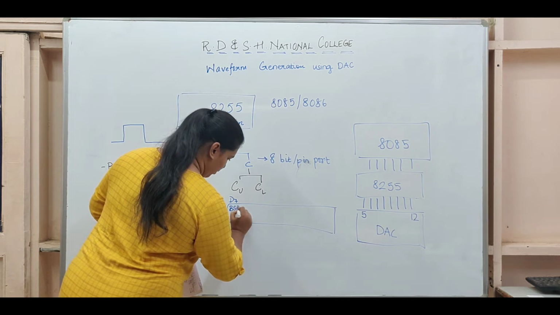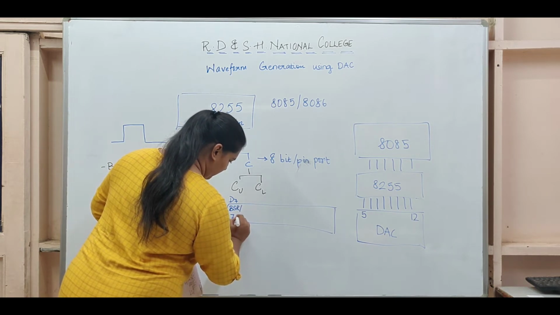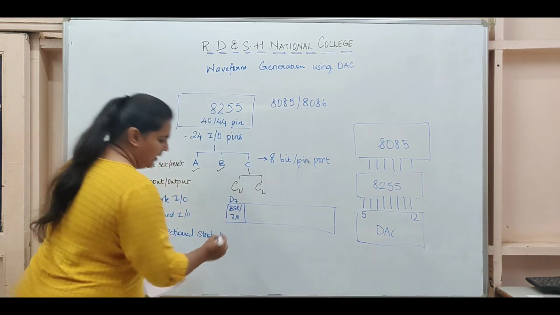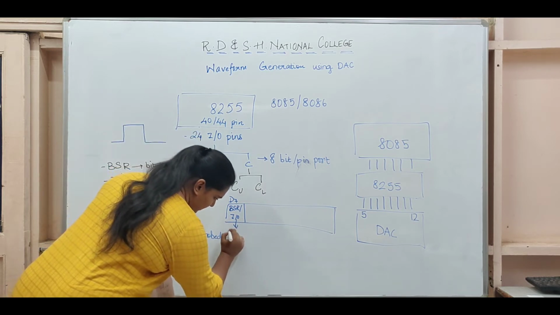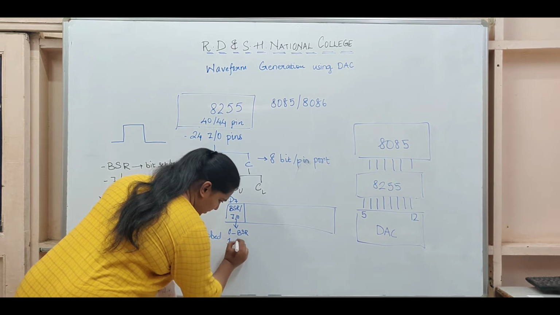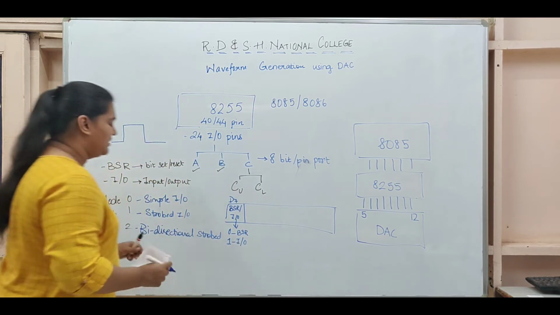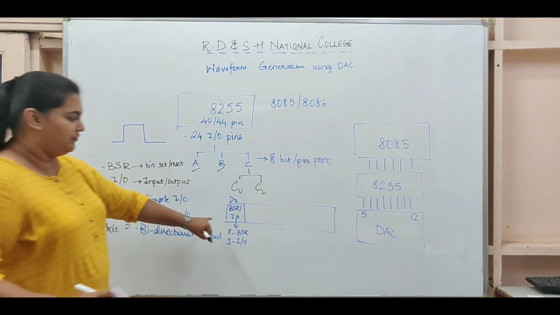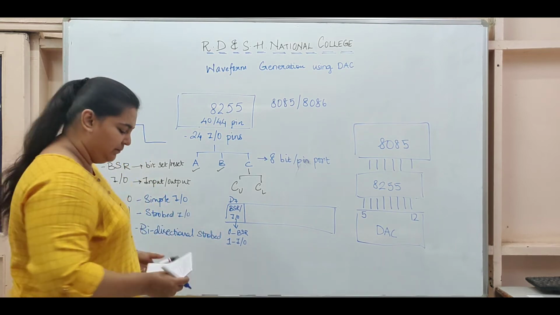If this bit is 0, it works in BSR. If this bit is 1, it works in IO mode.